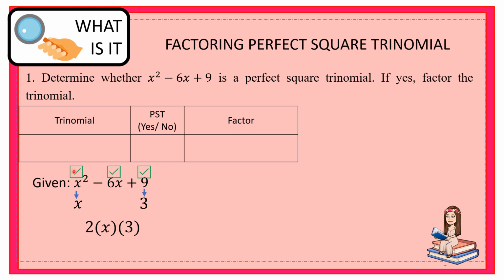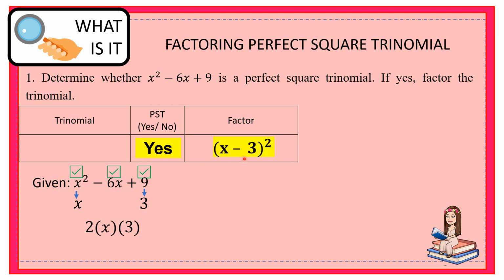Now, dahil tatlong check yan, dahil sumwak siya sa tatlong kondisyon, then this is a perfect square trinomial. And kung yan ay perfect square trinomial, when we factor it out, copy the first square root, follow the sign of the second term, and copy the second square root and make it a square.